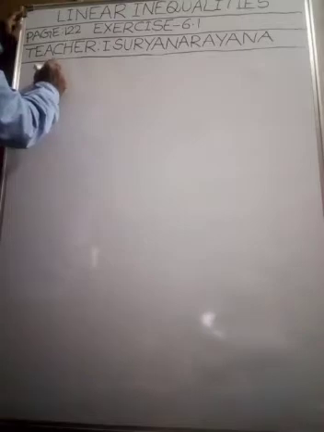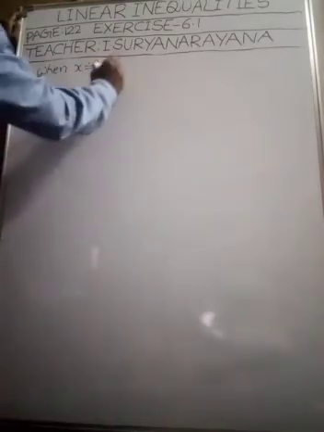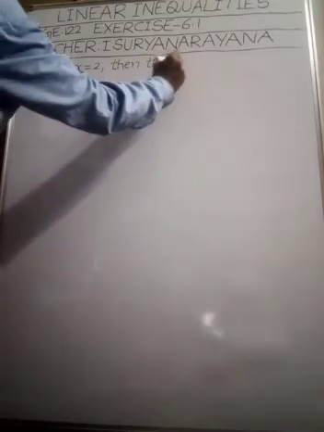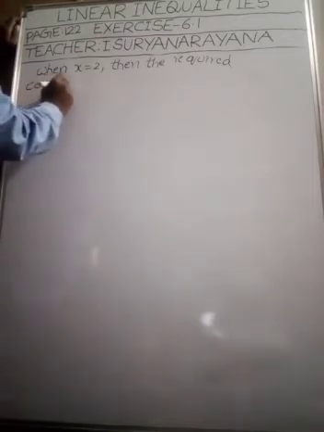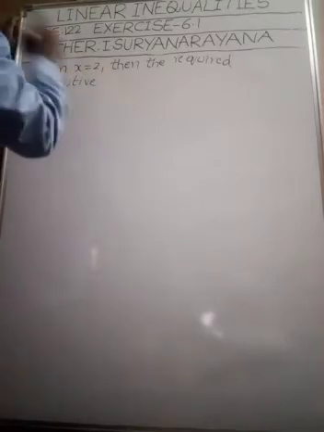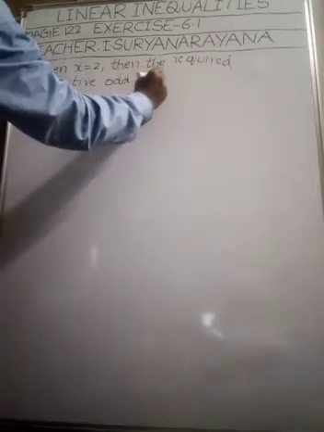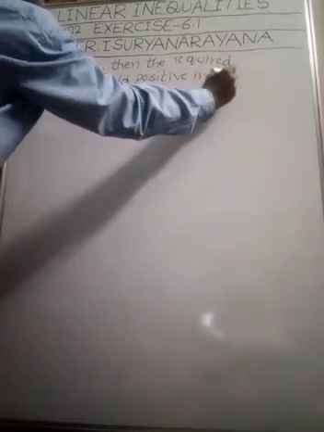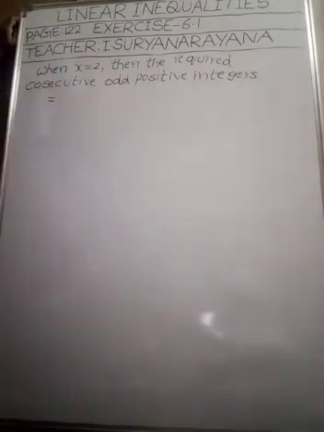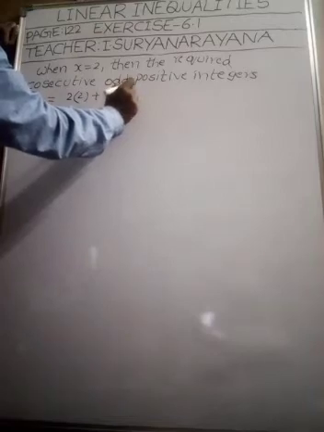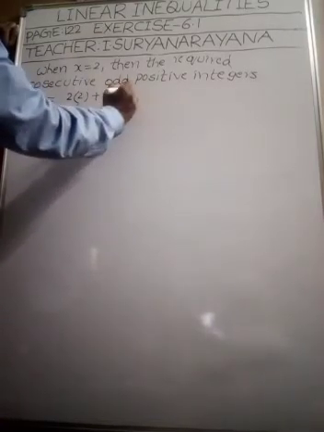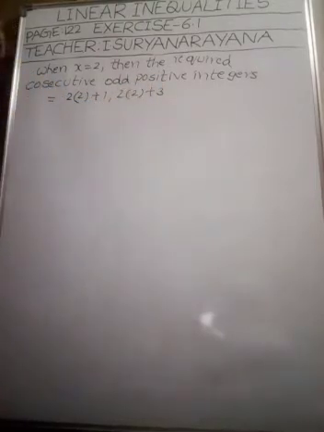When x is equal to 2, then the required consecutive odd positive integers is equal to 2 into 2 plus 1 comma 2 into 2 plus 3, because the first odd positive integer is 2x plus 1.